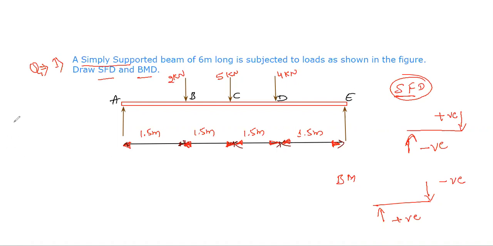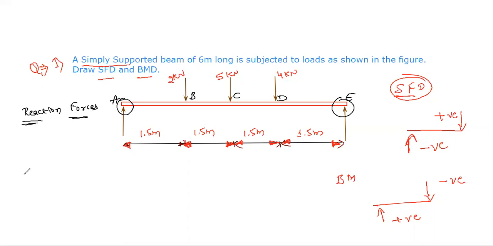Whenever we have a simply supported beam, we need to determine the reaction forces acting at the supports, like at this support and at this support. We have two supports, A and E, and at these supports we have reaction forces.